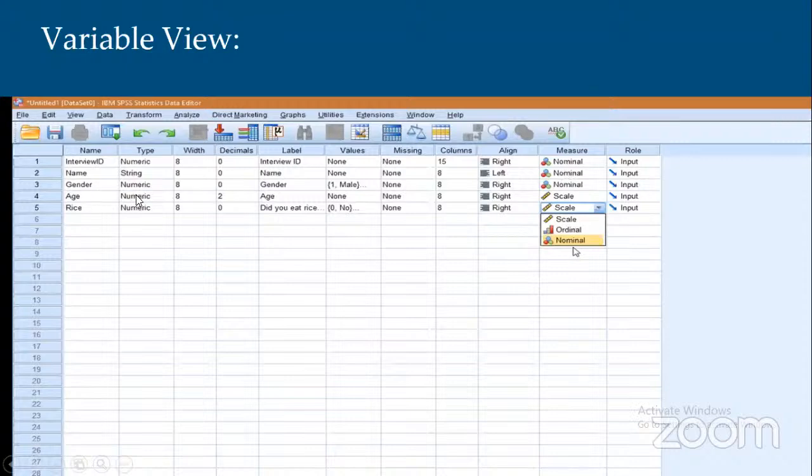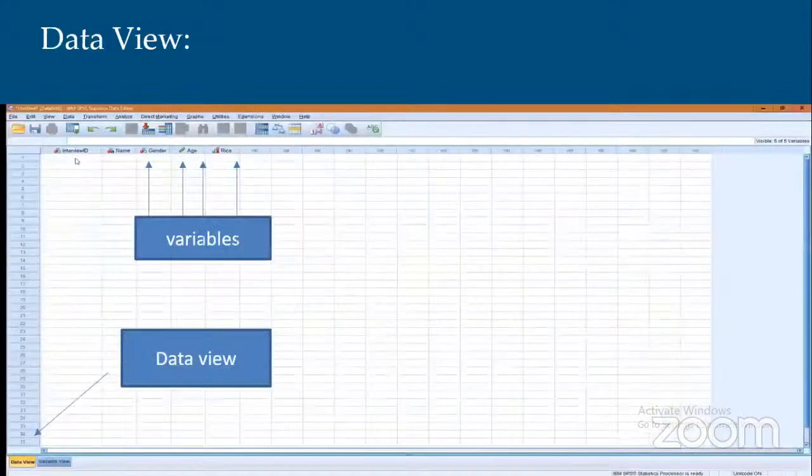Here age, it is numeric, and it is scale. And here our basic question in the study, for example, I put here rice, and the label here, more description of the name. Did you eat rice in the past 3 days or the past 7 days, like that? And it is ordinal. So after putting our variable here, we click on data view.